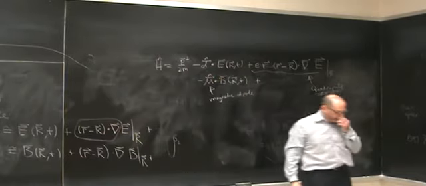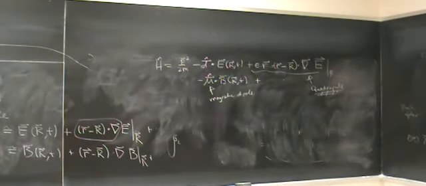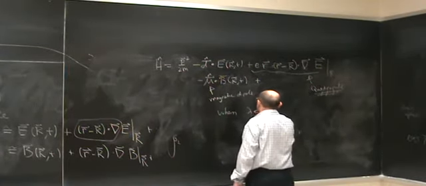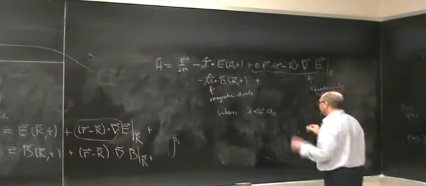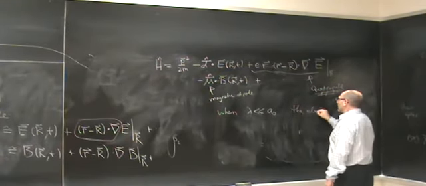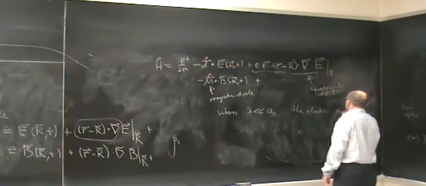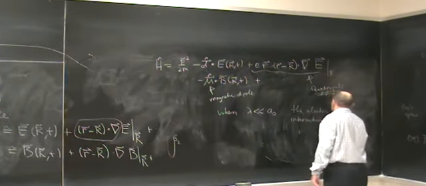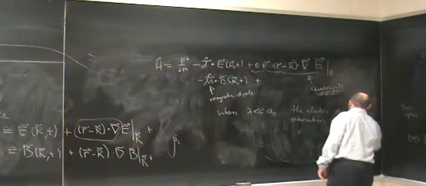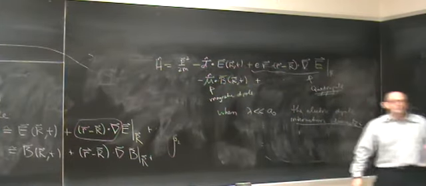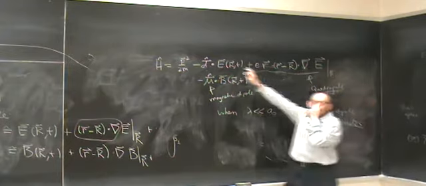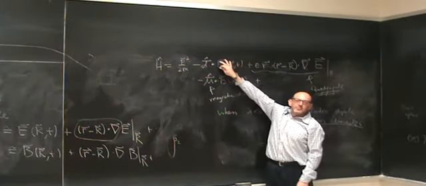And what we know from electromagnetic theory is that when lambda is much, much larger than the size of the atom, the electric dipole moment dominates. That's maybe not something you've seen yet, but the strength of this interaction is dominated by the electric dipole moment.